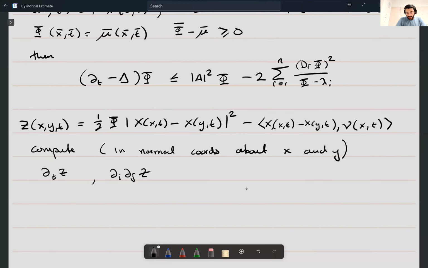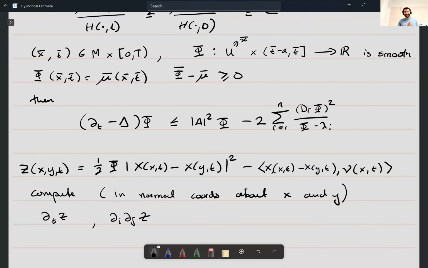Doing this calculation is mostly straightforward. You also have to make some clever choices of how your coordinates about x and y are set up. But the paper does this calculation completely explicitly; there's nothing left out.